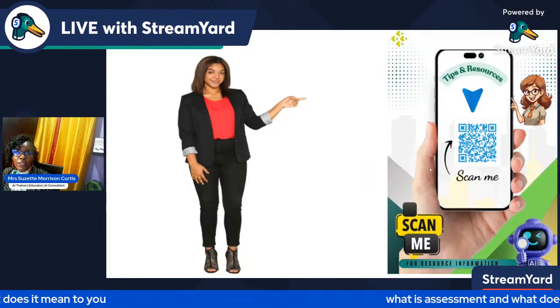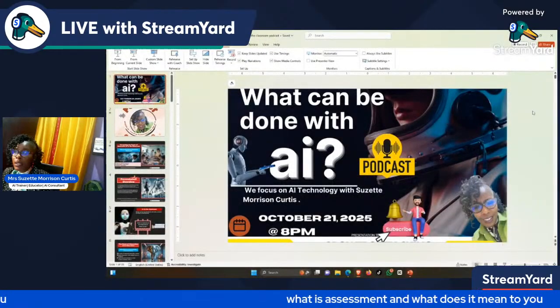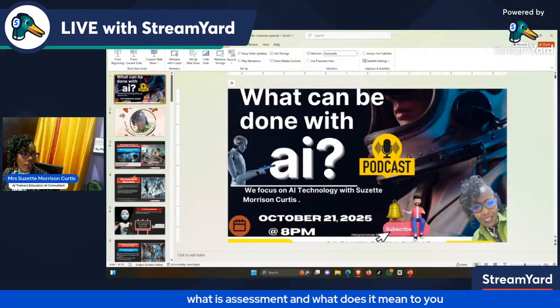Next week's presentation will be more about looking at the resources. What resources you can use in the classroom to improve what you're doing. So we learned what AI is. We learned how to use it to create assessment. Let's learn how to use the tools, the different types of tools.